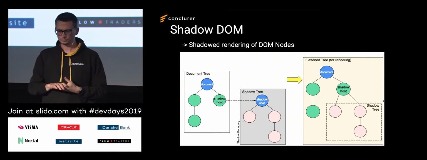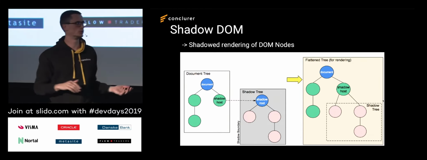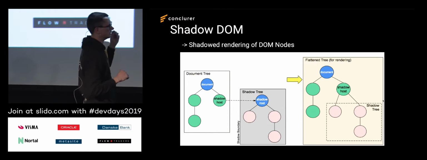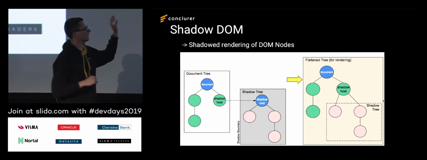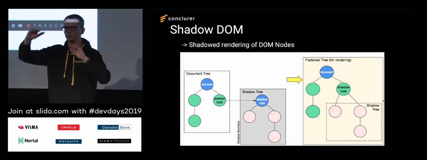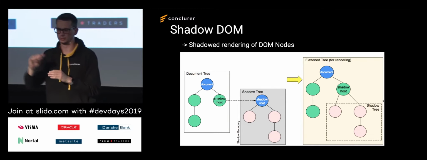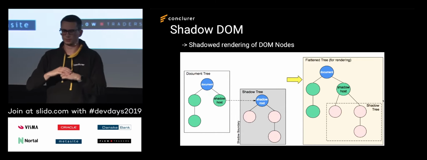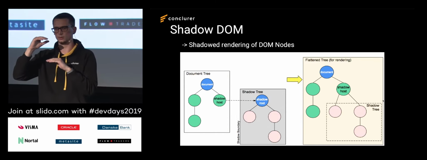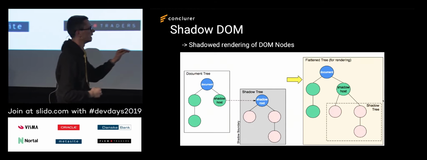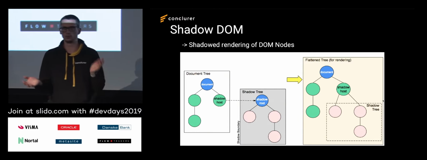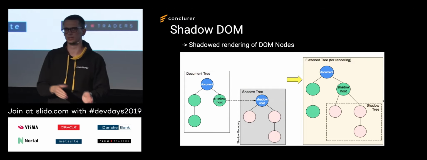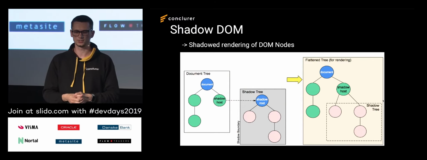And so the idea behind the shadow DOM is that the element itself is creating its own DOM environment. It's called the shadow tree in this case. And this shadow tree always has a shadow host element, which, for example, could be a div or a paragraph or one of these default HTML elements.